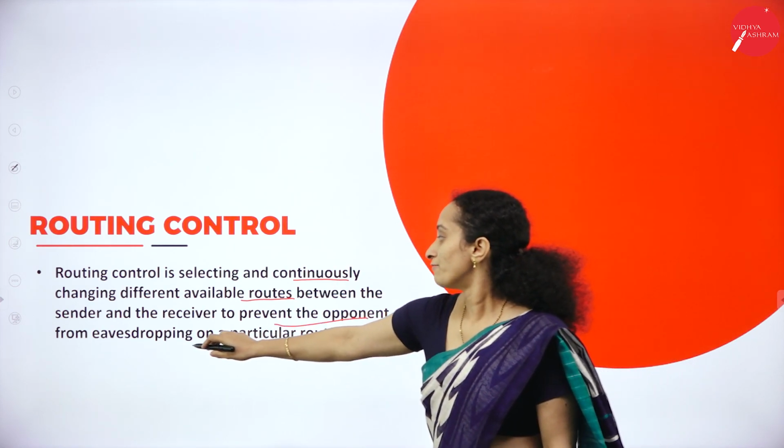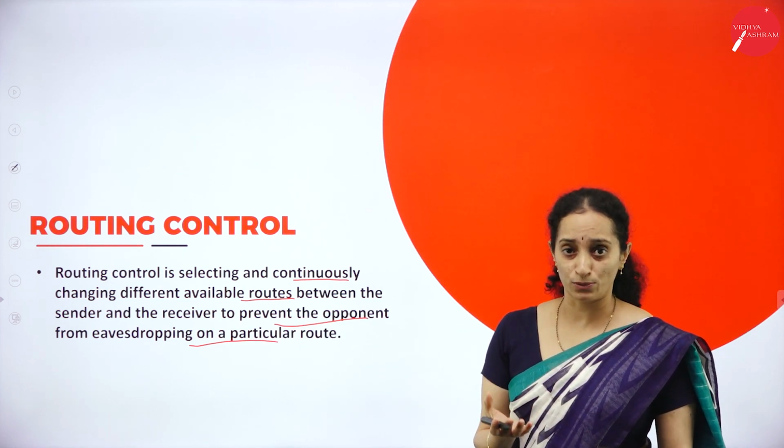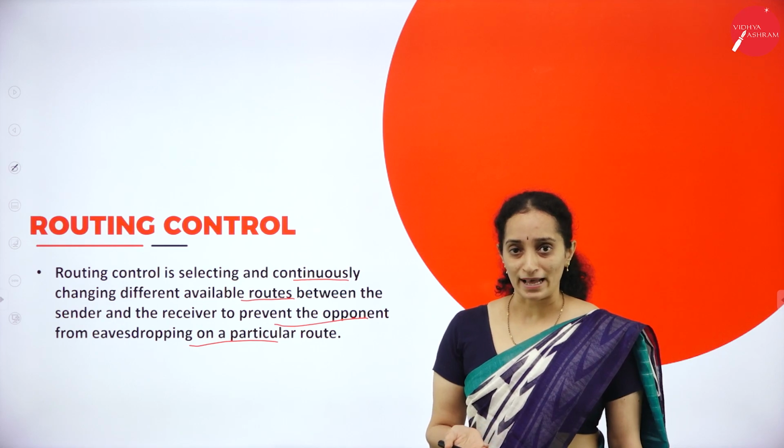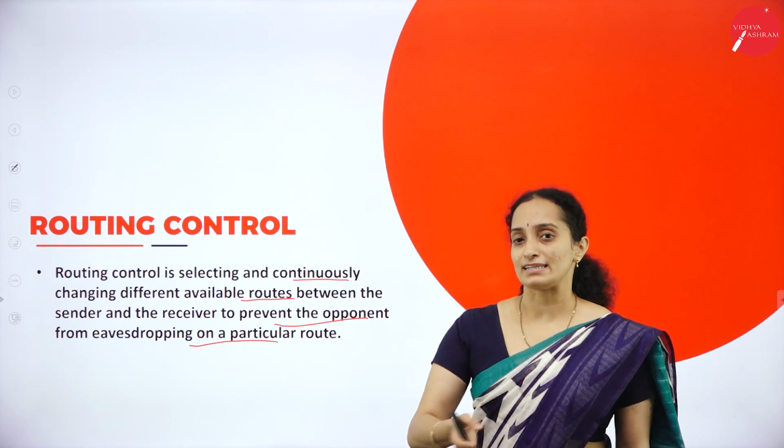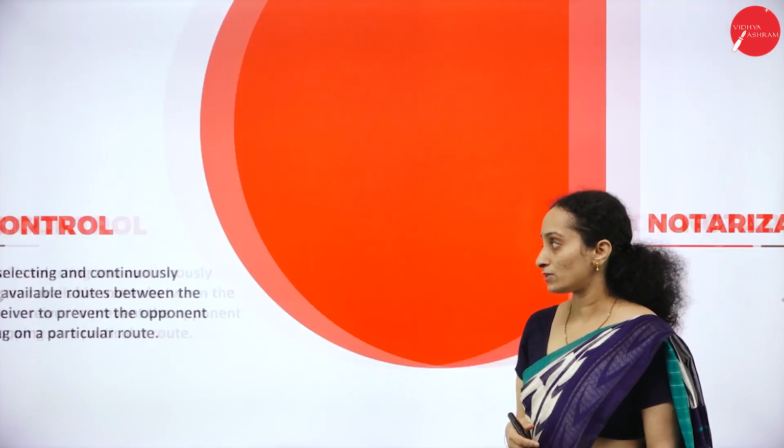So the opponent, from eavesdropping on a particular route, if you have several routes, he'll not be able to access the data if you have sent the data in some other route. Is it not? This is all about routing control.